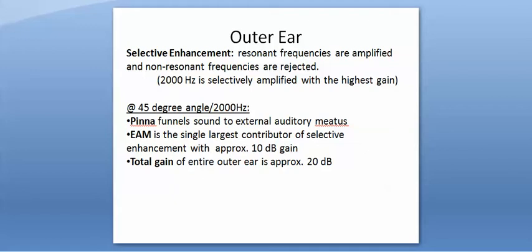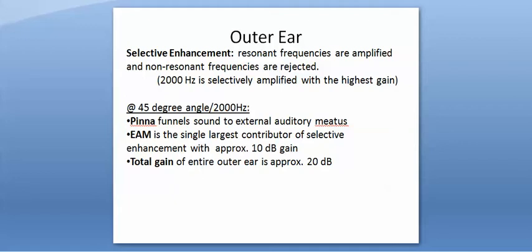So they either fit within the pinna and the external auditory meatus, or they don't and they're kicked out. So 2,000 hertz is selectively amplified at the highest gain, being that you're going to get the most bang for the buck in terms of 20,000 hertz at a 45-degree angle. And so we'll talk about that one specifically.